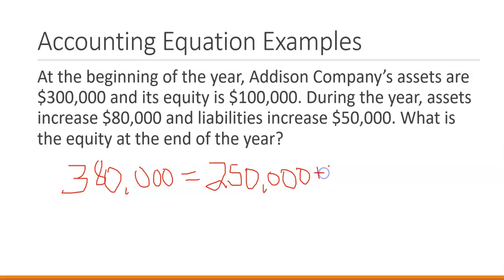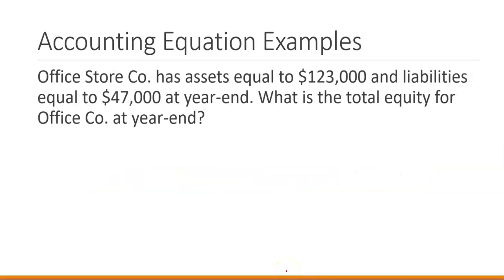So our end of year equity has to be whatever makes this equation true. So our end of year equity is 130,000. Okay, and we'll do more of these examples in Excel.